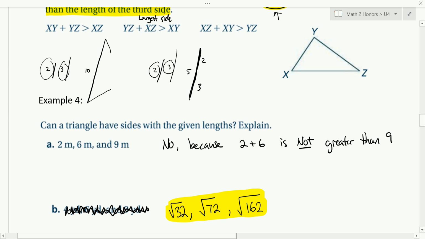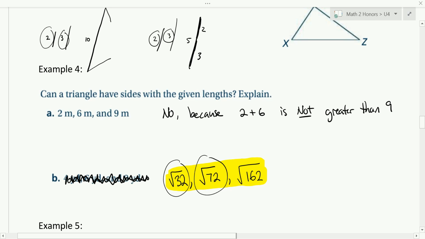Square root of 32, square root of 72, square root of 162. Can you locate the two smaller sides? Right? The square root of 32 and the square root of 72 are definitely going to be the smaller sides. If you add those up, is it going to be more than square root of 162 or less? Less? Why?